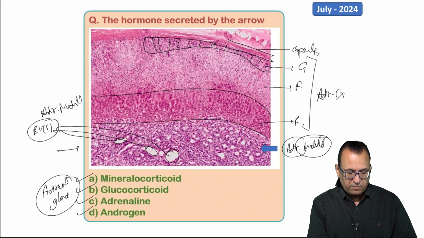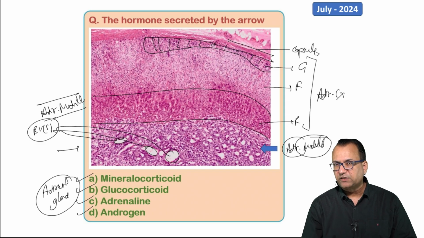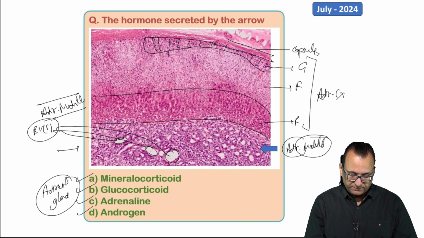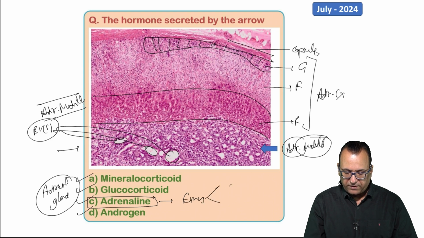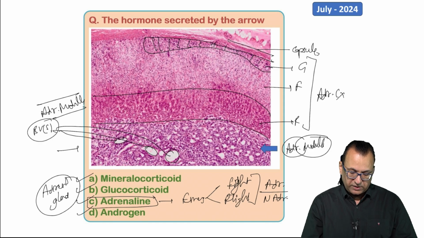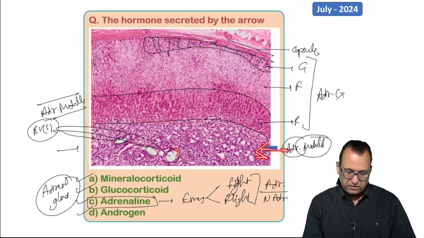Now, if your arrow mark is on the adrenal medulla, what is it secreting? In an emergency, it is adrenaline. We know the fight and flight reaction, whether you are fighting or running away from the fight, you will have more of adrenaline and less of noradrenaline. That is why in our question, this arrow mark, these large blood vessels, and these alternate bands.